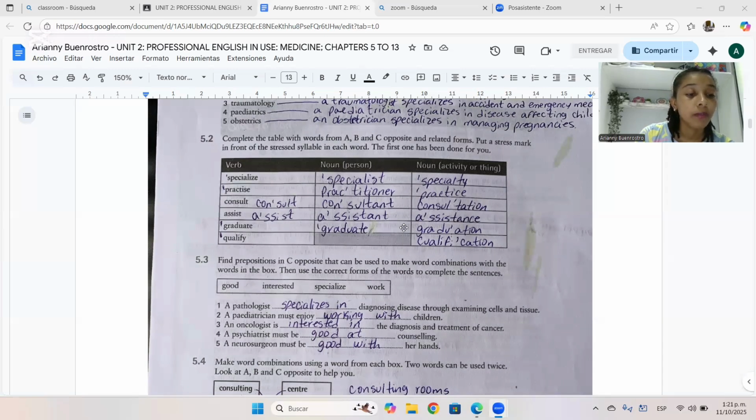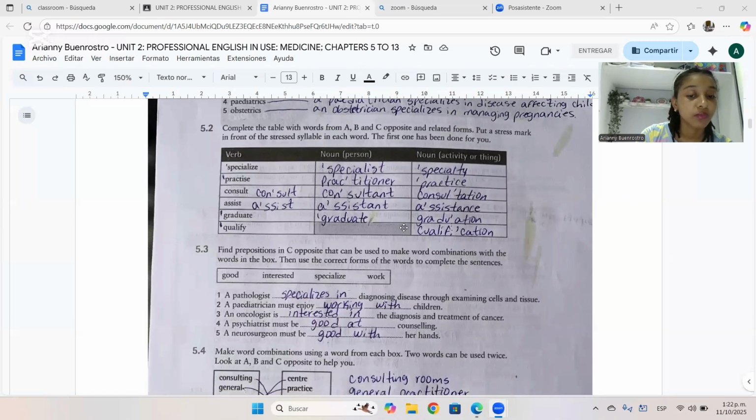Practice, practitioner, practice. Consult, consultant, consultation. Assist, assistant, assistance. Graduate, graduation. Qualify, qualification.